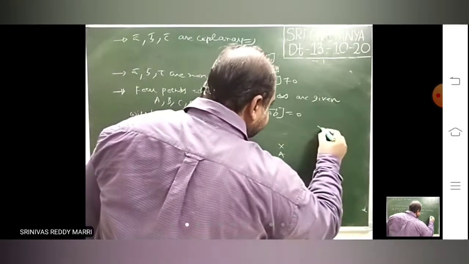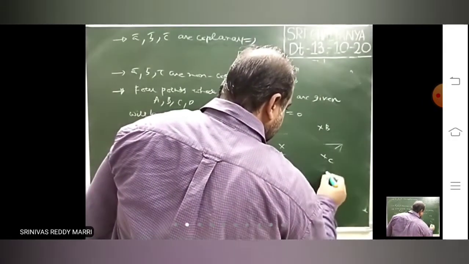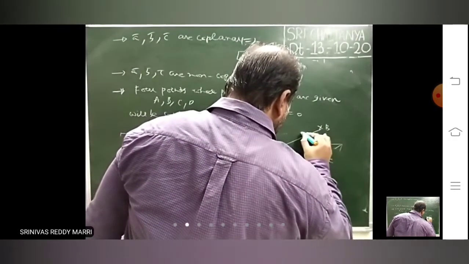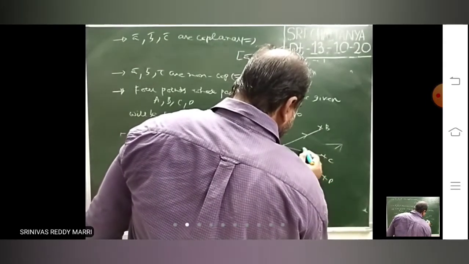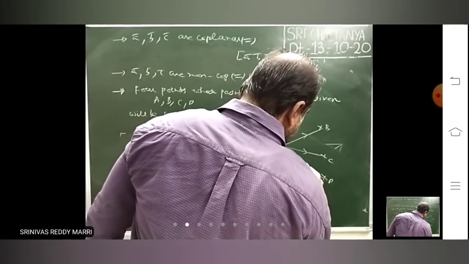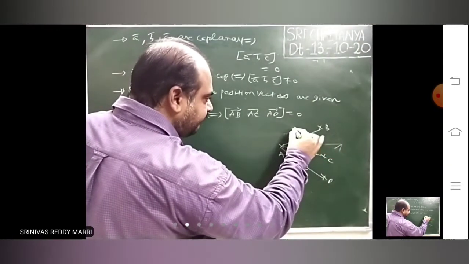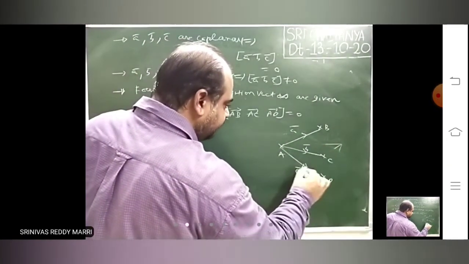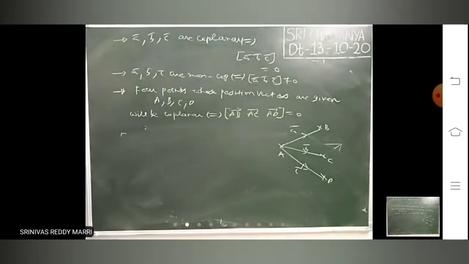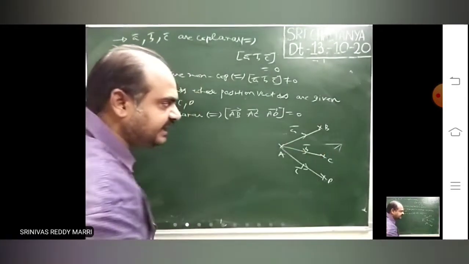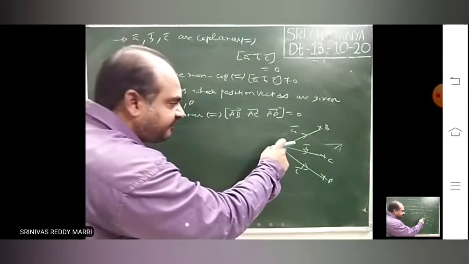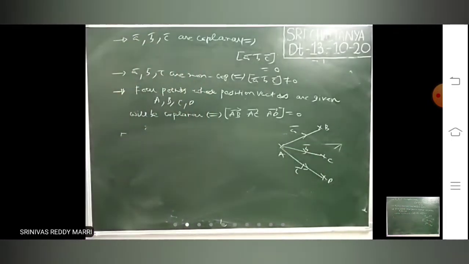4 points, previously we have done. On the paper you plot 4 points. If they have to lie on the paper, then you connect one vector AB bar, one vector AC bar, one vector AD bar. If all 4 points are lying on your paper, then definitely the 3 vectors will be on your paper only.